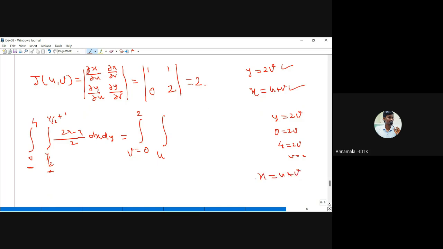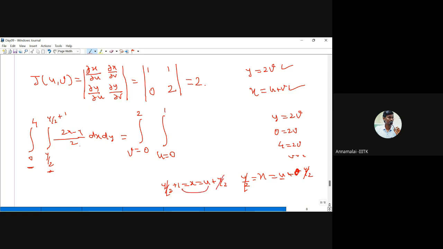The lower limit for x is y by 2, but v is nothing but y by 2, so y by 2 cancels. Therefore u is 0; the starting point is u equal to 0. Now what is the maximum value? The maximum x value is y by 2 plus 1. But x is nothing but u plus v, and v is y by 2, so we cancel y by 2 again. Therefore u is at most 1.